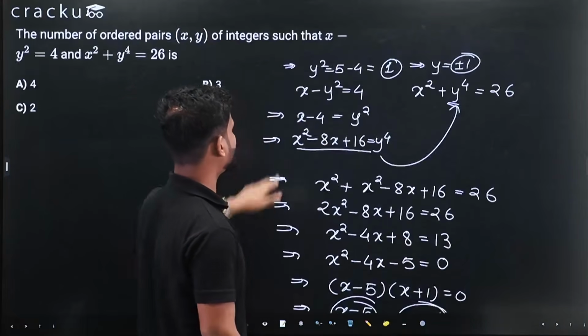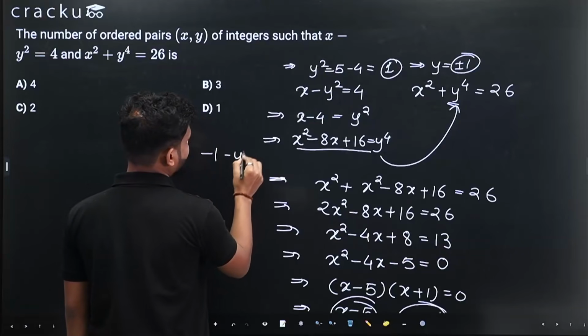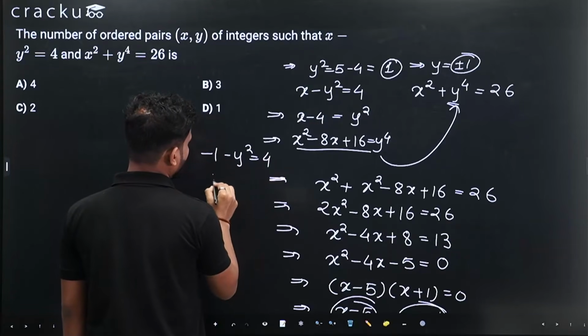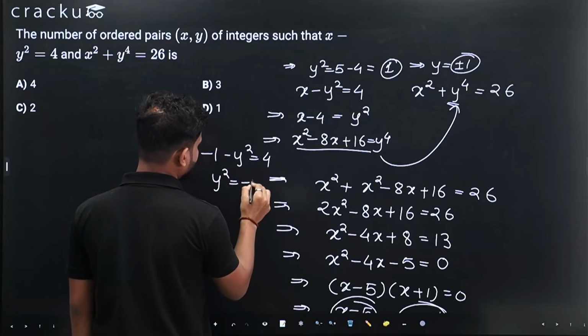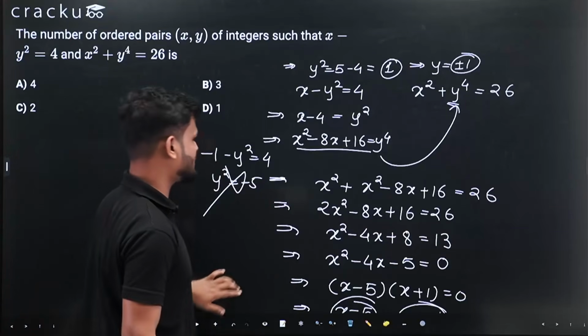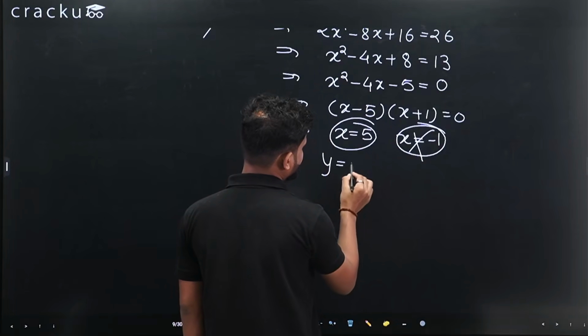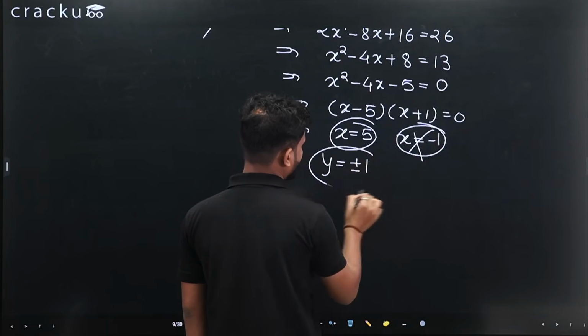If you put x is equal to minus 1 here, what you will get? You will get minus 1 minus y square equal to 4, or y square is equal to minus 5. Is this possible for a real number? No, this is not possible for a real number. So this is not correct. And from the first case you get y is equal to plus or minus 1.